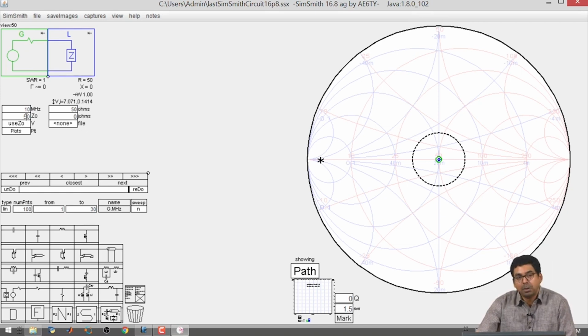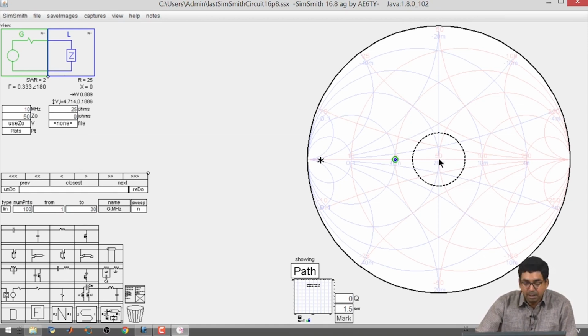Now, you have to look for the intersection of resistance equal to 1, which is the circle passing through the center, and reactance equal to 0. That means you will mark the load resistance at the center. That is what has happened over here. Now, we can make this slightly different, say 25 ohms at the load. We notice that the representation of the load impedance has moved to the left-hand side of this Smith chart.